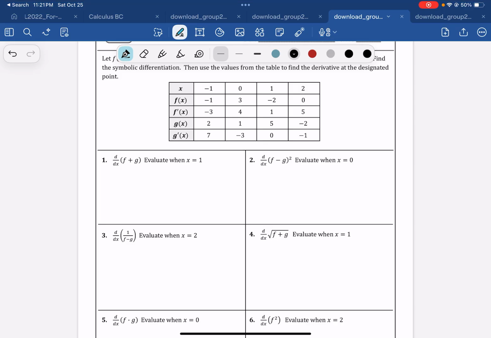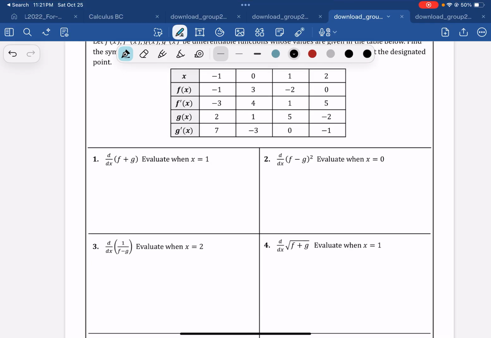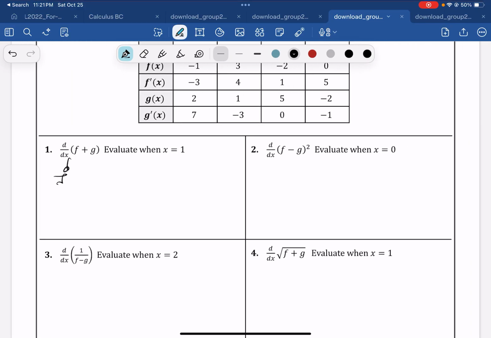So for the first one, d over dx of f plus g when x equals 1. For this one, it's really easy because there's no chain rule applied to this question. What we only have to do is just add the derivatives of f and g, so it becomes d over dx of f plus d over dx of g, when x equals 1.